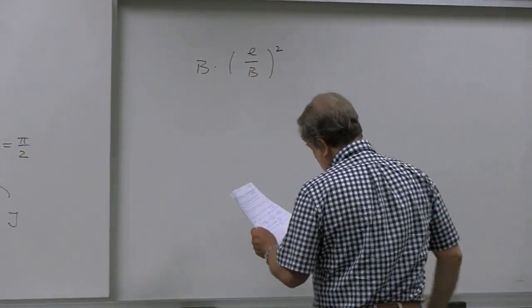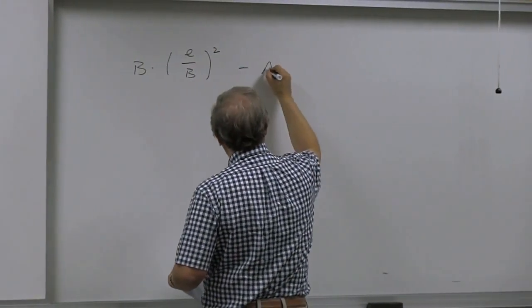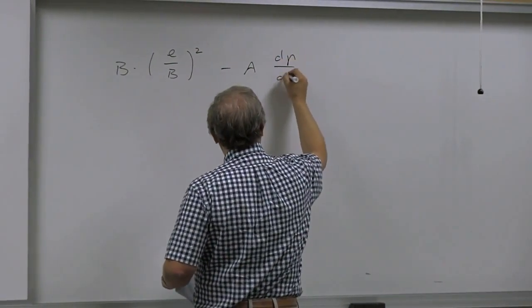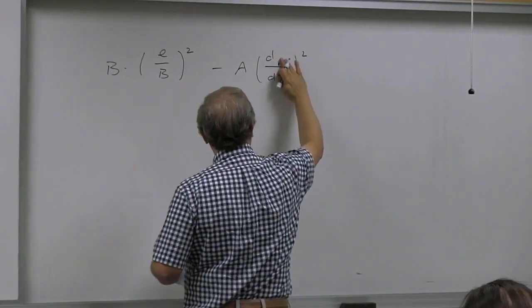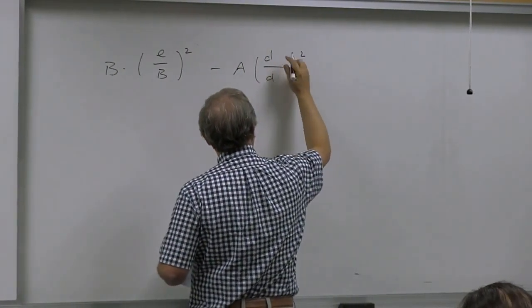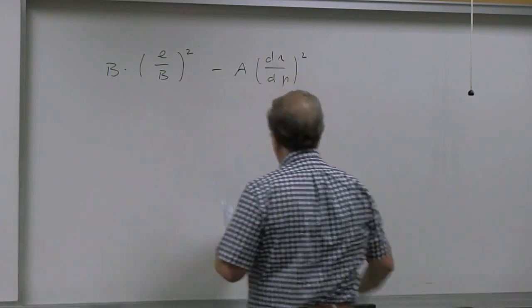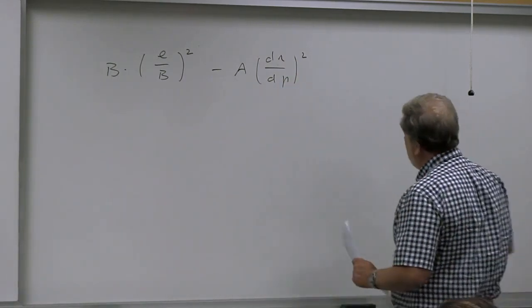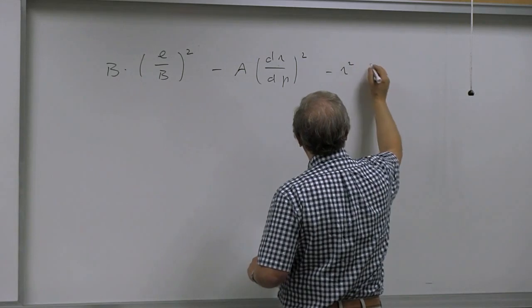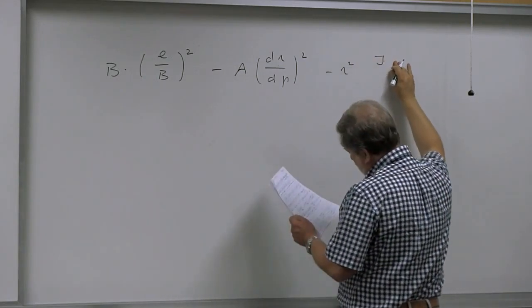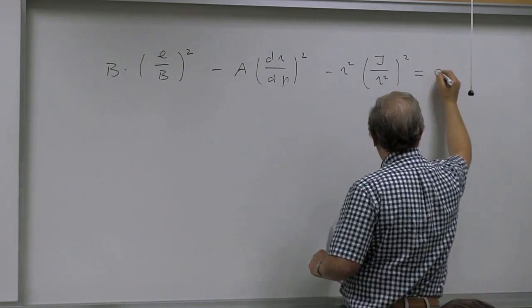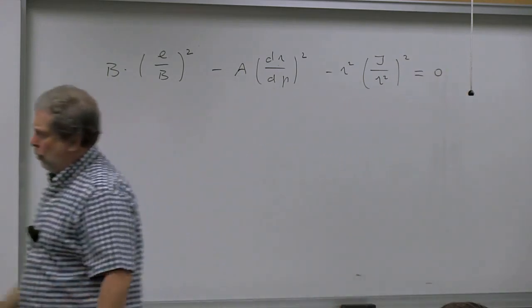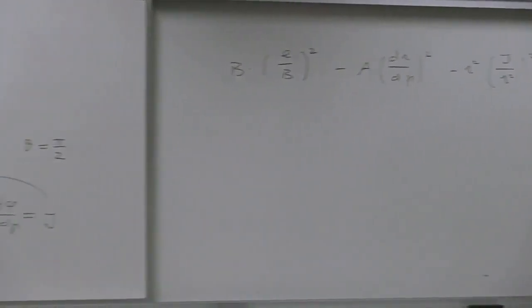That's the first term, minus a, and then dr by dp squared, and then minus r squared, and then j divided by r squared, and then squared. And this is equal to 0 because we are dealing with a photon for which the d tau squared is equal to 0.